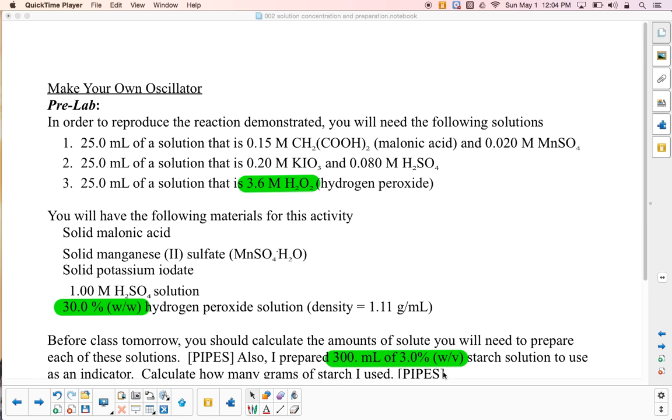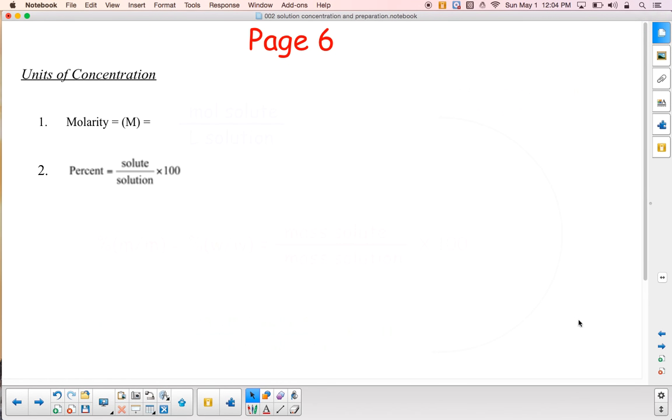When we talk about the starch solution, we have another percent problem here, and that is that I need 300 milliliters of a 3.0 weight volume percent solution. Both of these situations are going to introduce the need for another set of concentration units. Page 6 of your notes has room for some other concentrations.